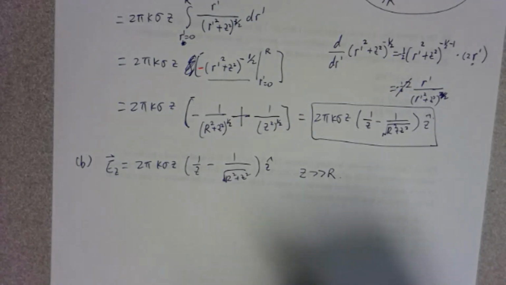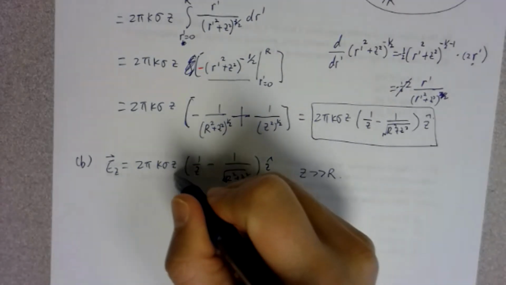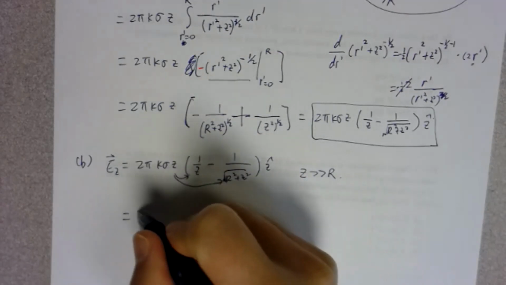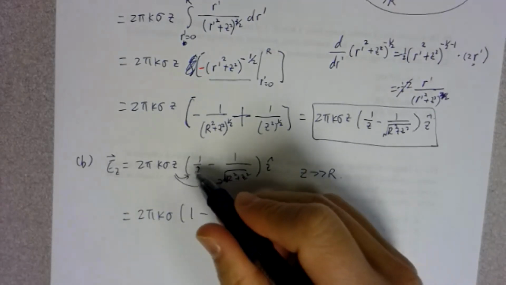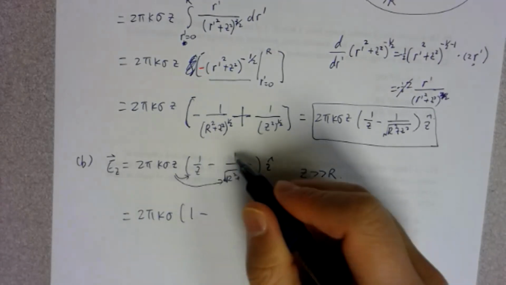All right, so we can let z go into the parenthesis, okay? So then this becomes 2 pi k sigma of 1 minus, so everything times z, right?